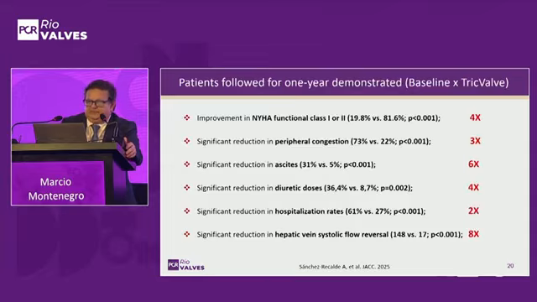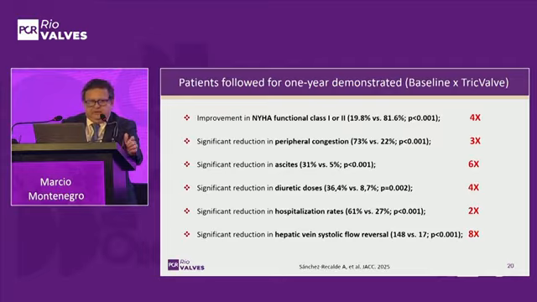The patients followed for 1 year demonstrated, baseline versus TricValve, a fourfold improvement in New York Heart Association functional class 1 or 2, threefold significant reduction in peripheral congestion, sixfold significant reduction in ascites, fourfold significant reduction in diuretic doses, twofold significant reduction in hospitalization rates, and eightfold significant reduction in hepatic vein systolic flow reversal.